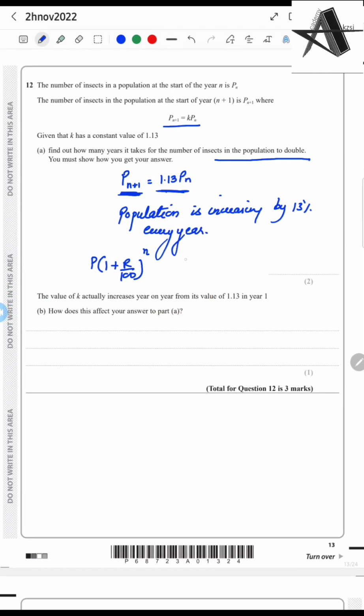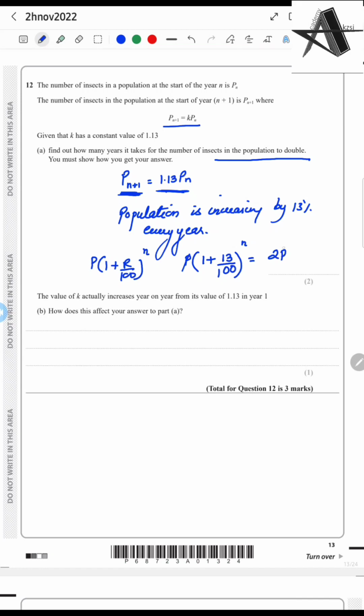Let P be the initial amount of population, as I don't know what it is exactly. Every year it's increasing by 13%. So in place of R, I'm writing 13, whole to the power of n, as I don't know in how many years it will become twice.